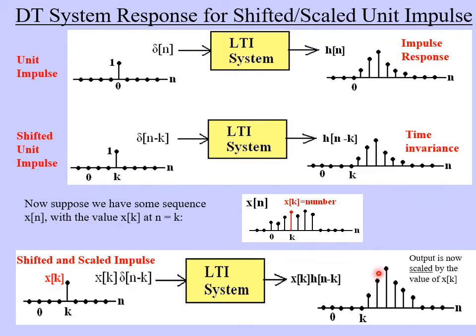So you can see here, this output looks like this one, except everything is taller because everything has been scaled by the value of x of k. For example, if x of k has a value of 3, then all of these values shown here are going to be multiplied by 3. So this output here is the result of two properties of this system. It's linear and it's time invariant.